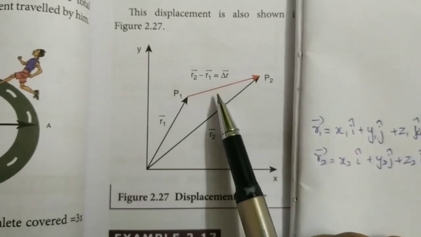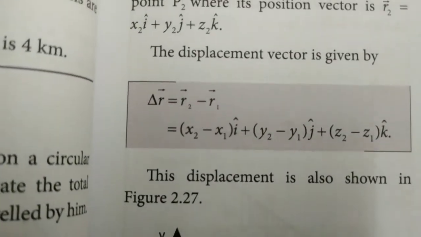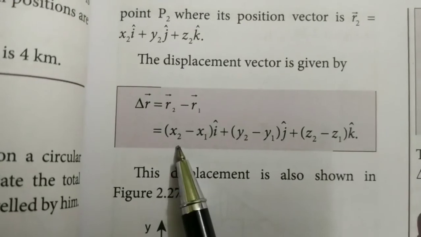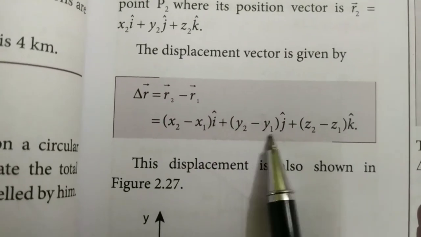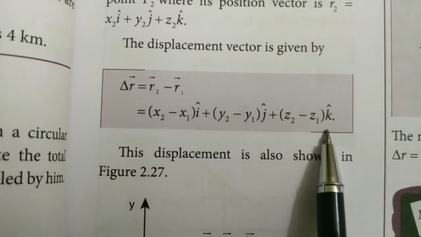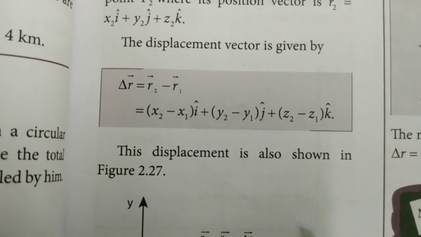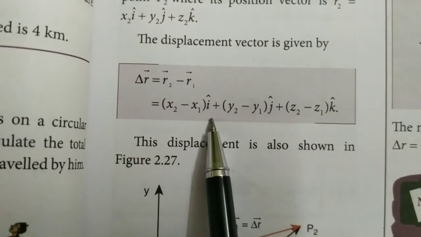When we subtract these two, we get x2 minus x1 into i cap plus y2 minus y1 into j cap plus z2 minus z1 into k cap. So this is the equation for the displacement vector.